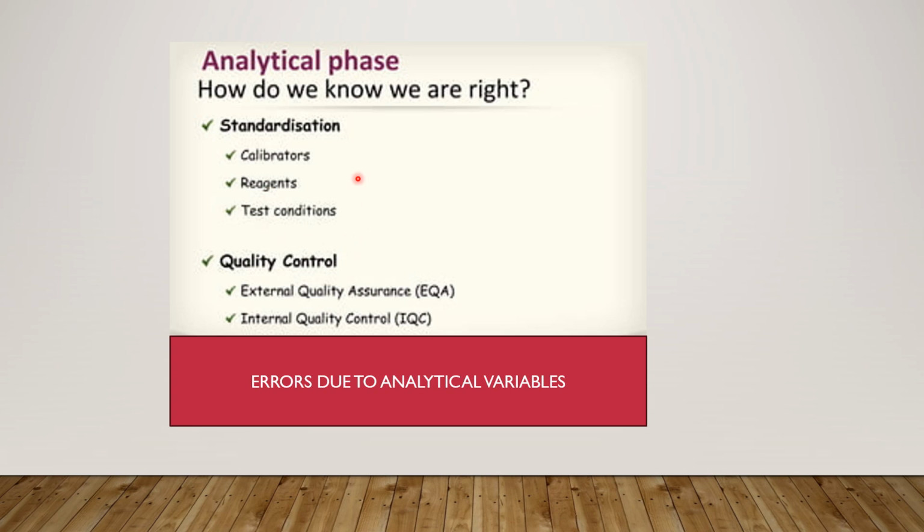Then test conditions. All these factors have to be taken into consideration in the analytical phase. Then quality control also can be applied. The various rules of quality control, in the form of internal quality control and external quality assurance, should be applied in order to identify and rule out if there are any errors.